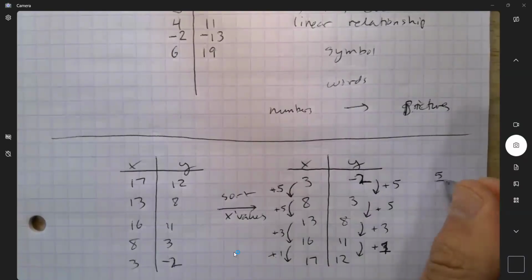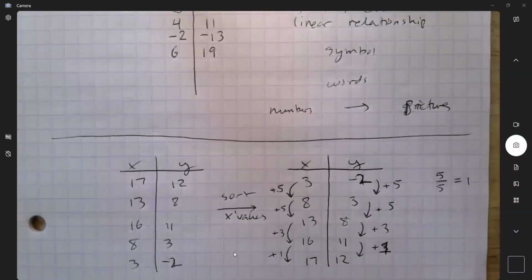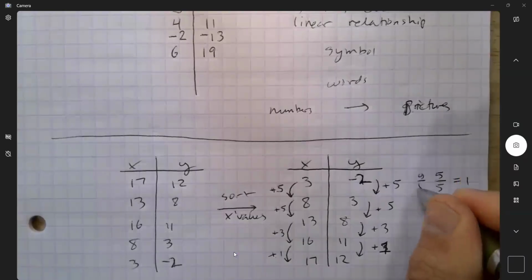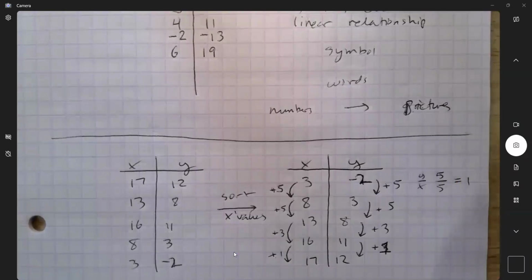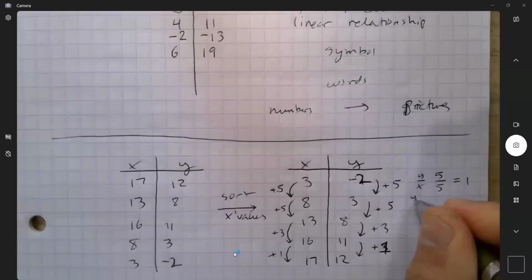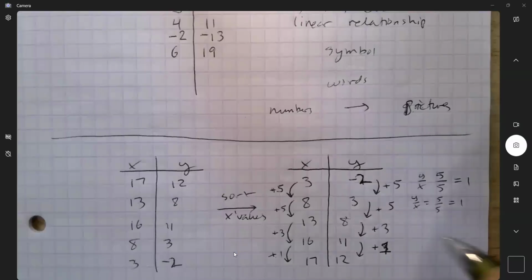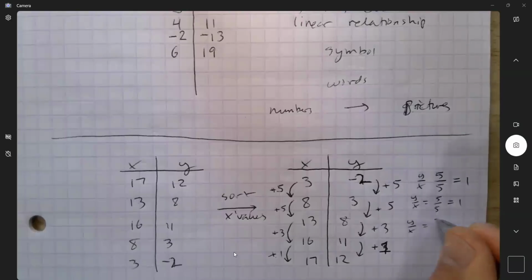So the change is 5 over 5, which equals 1. 5 Y's over 5 X's. The next change, the Y over X, is also 5 over 5, which is equal to 1. And the next change is 3 over 3, which equals 1. And the next change is 1 over 1, which equals 1.